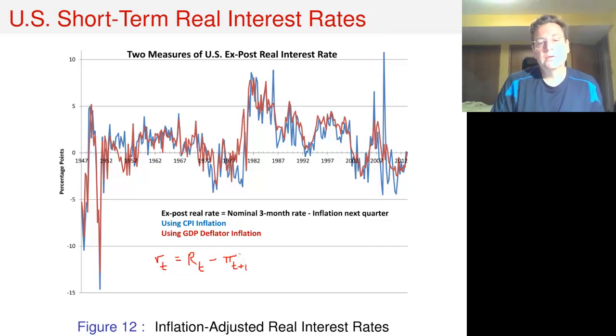Now, in fact, we really want to have an expectation up here, but the way I've computed these, it's what's called an ex post real rate. And so what I have done is use the actual inflation rate. And I use two different measures of inflation. The blue line uses the consumer price index, and the red line uses the GDP deflator.